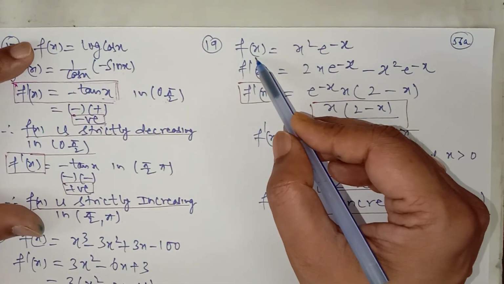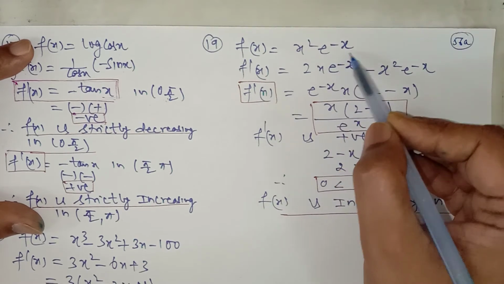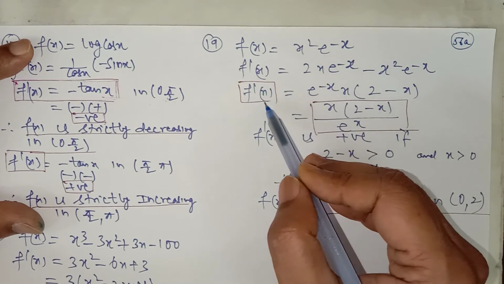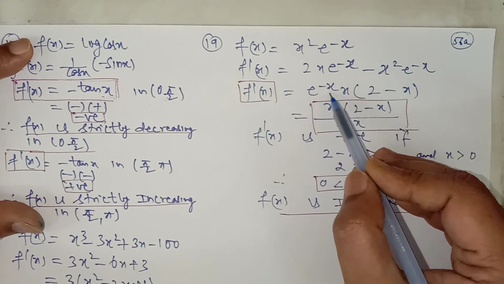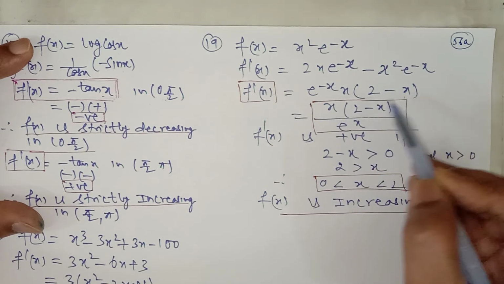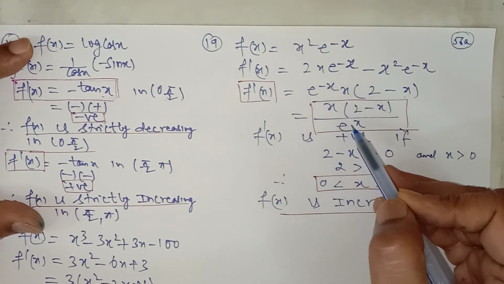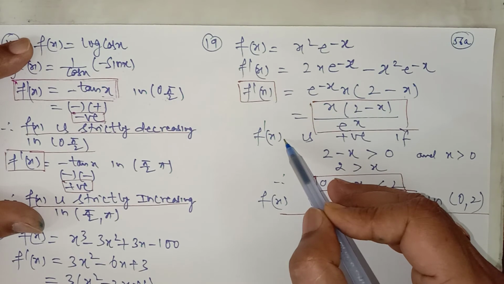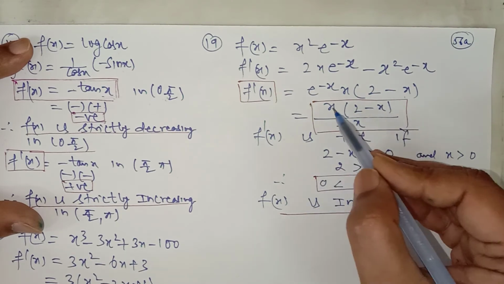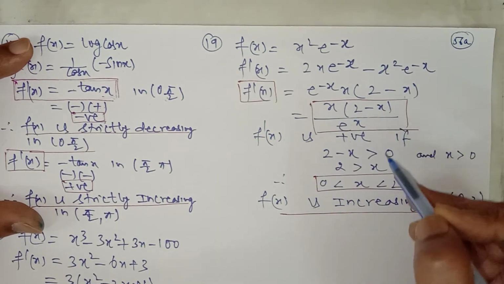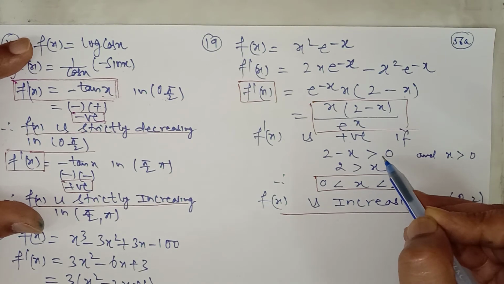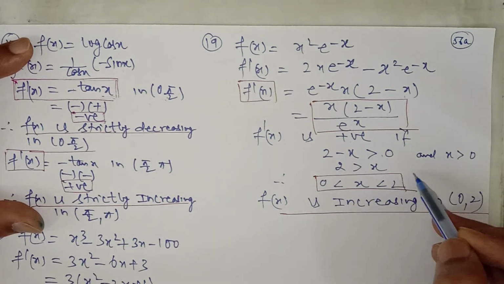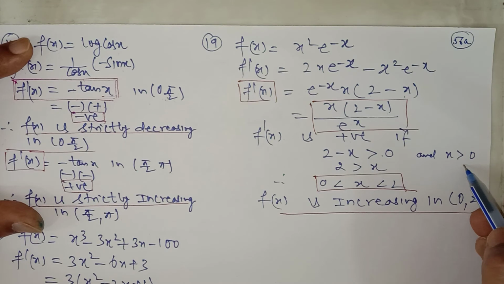Now in question number 19, f x is equal to x square e raised to power minus x. Find its derivative. The first derivative will be this. Take e raised to power minus x and x into 2 minus x common. f dash x will be positive when x into 2 minus x is greater than 0, and it is given that x is greater than 0.